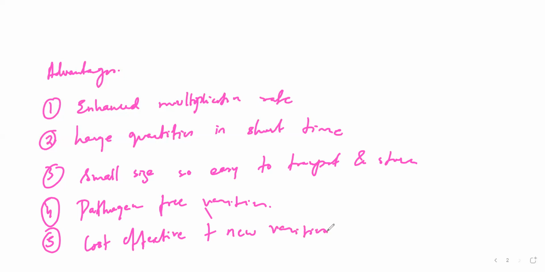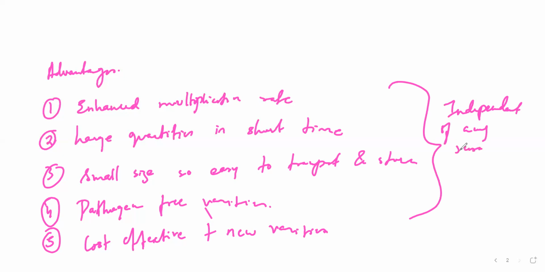And the very important thing is you don't have to depend upon any seasons, whether summer, winter, or rainy. It's not required because you are giving artificial conditions for it to grow. So it is independent of any season, and you can carry it out at any time. And the last one is healthy plants.